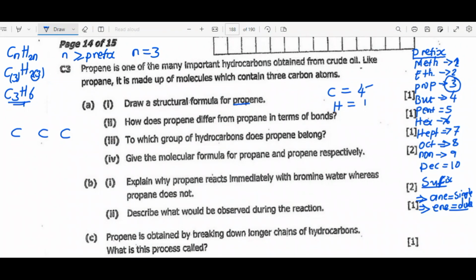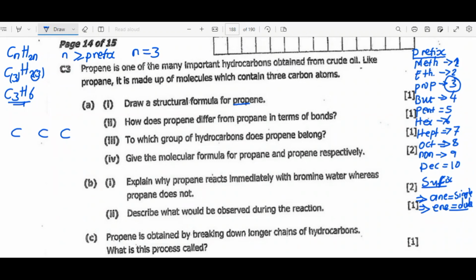So the valence denotes the number of bonds the element likes to form. For example, carbon makes 4 bonds, so we have 1, 2, 3, 4. Hydrogen will only make 1 bond. So that is the importance of knowing the valence numbers. It will help you to determine the number of bonds the elements will form.